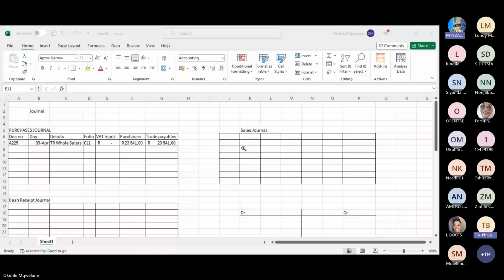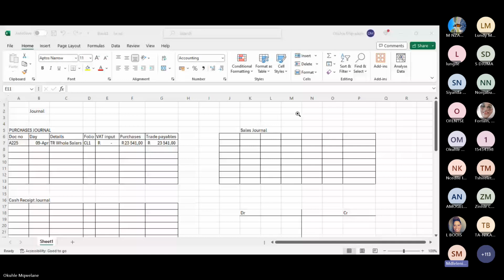Since these are two different wholesalers, I think we should have two invoices. So we must open up another purchases journal. No, no. It's going to be on the same purchases journal, but in two separate lines, not in one line.